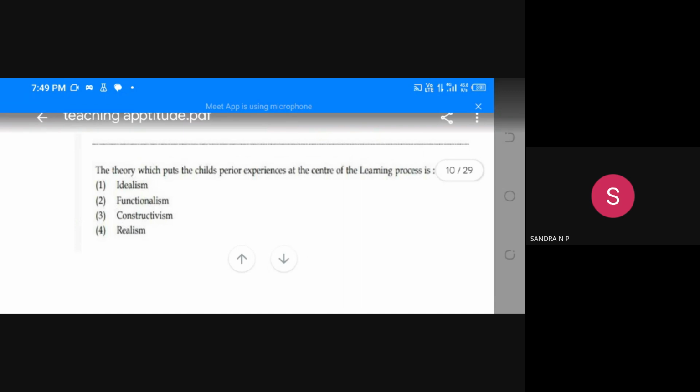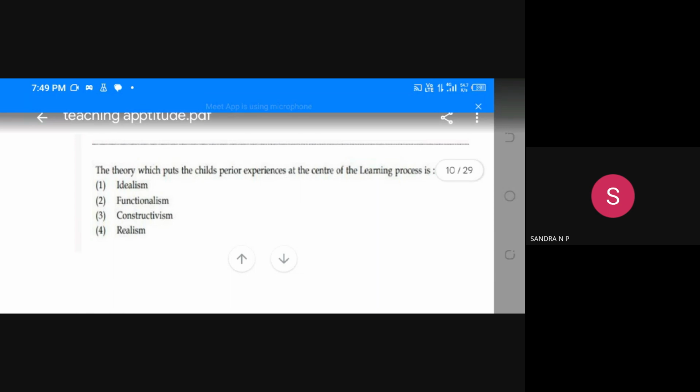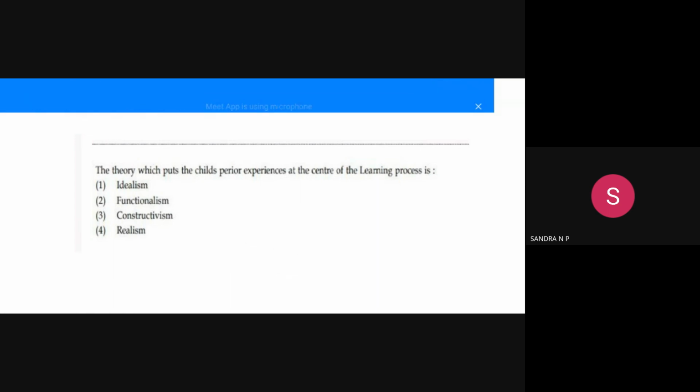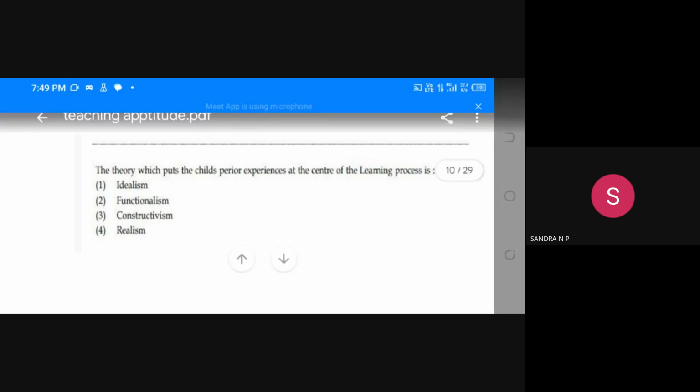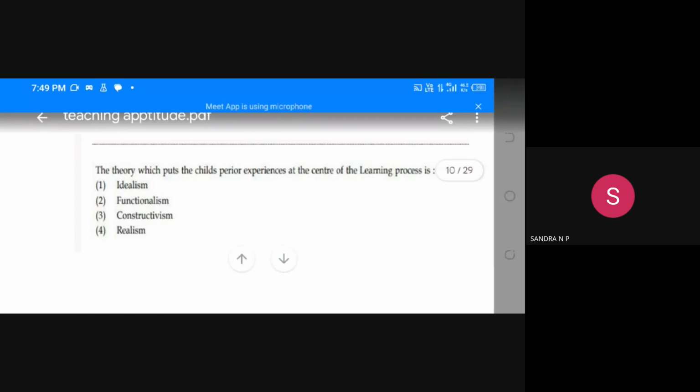This is an important question of this teaching aptitude. The theory which puts the child's prior experience at the center of the learning processes. Which is the theory: idealism, functionalism, constructivism, realism?